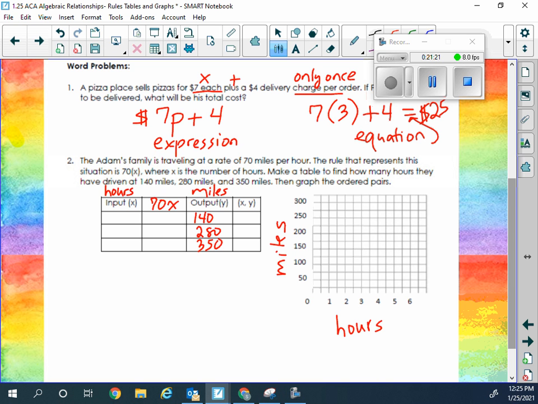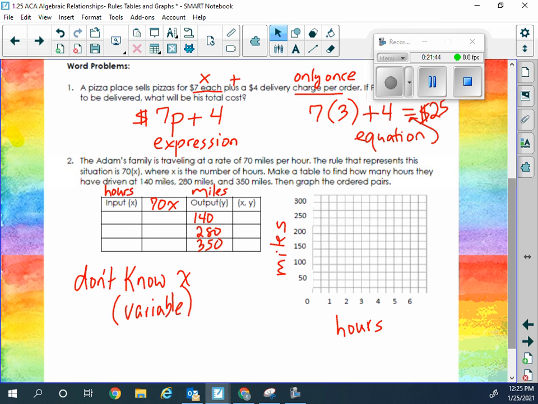So I know the output, I know the process. What I'm looking for is the input. I need to know what my variable is, right? Which is your variable. Okay, so now let's stop and think. We know the process is 70x. So you should be thinking to yourself, 70 times what is going to give me 140?